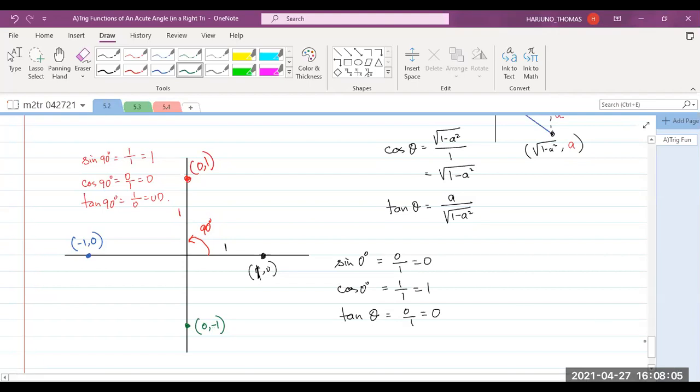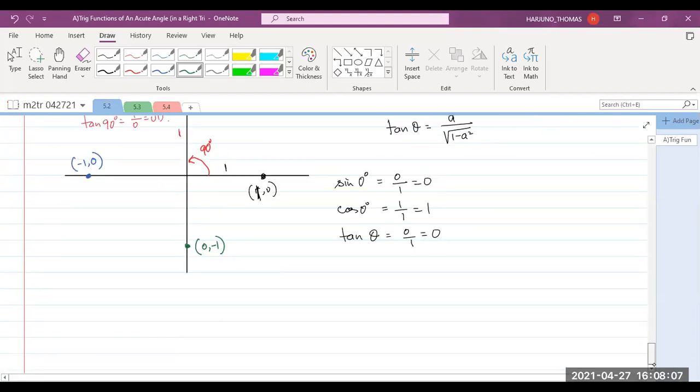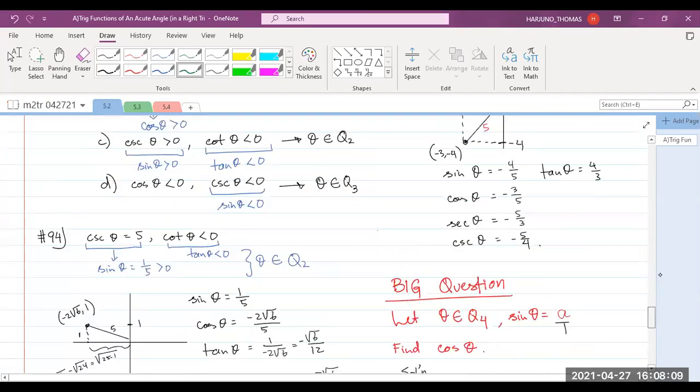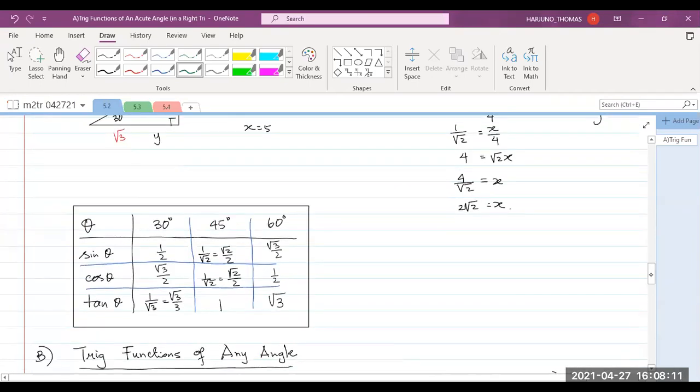Okay. Now, what I will do now is I will enlarge this table that we have earlier to include 0 degrees and 90 degrees.